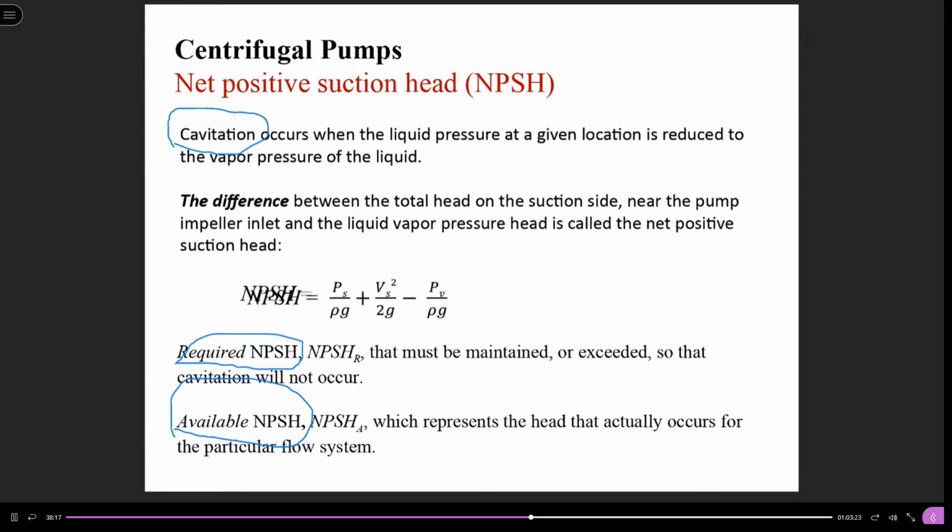So, to avoid cavitation, the required net positive suction head must be maintained or exceeded.